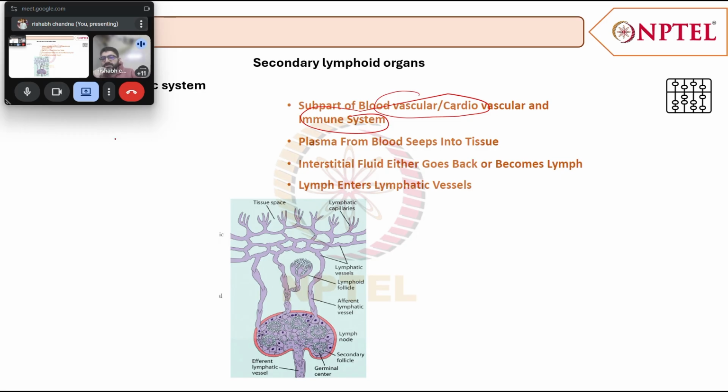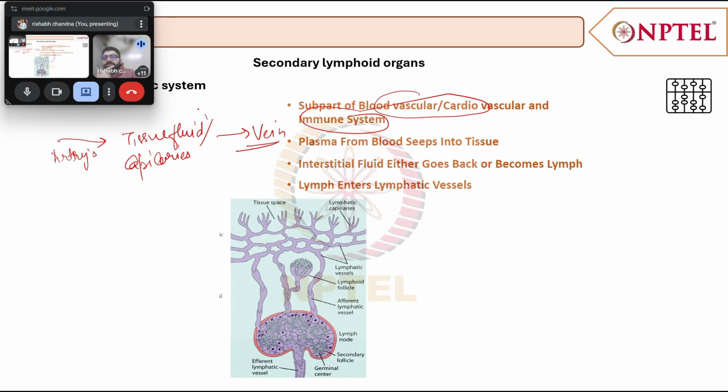So what happens is, when the blood flows from different tissues to particular specific locations, it flows from the arteries to the tissue fluid or the capillaries, and then to the vein.